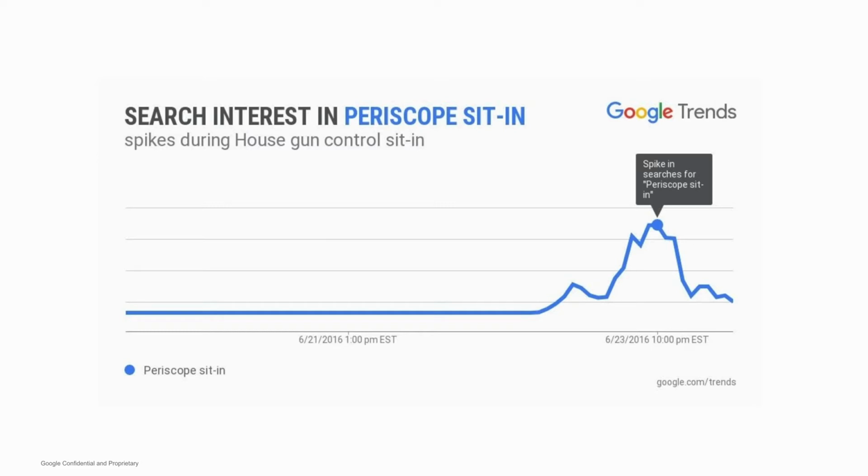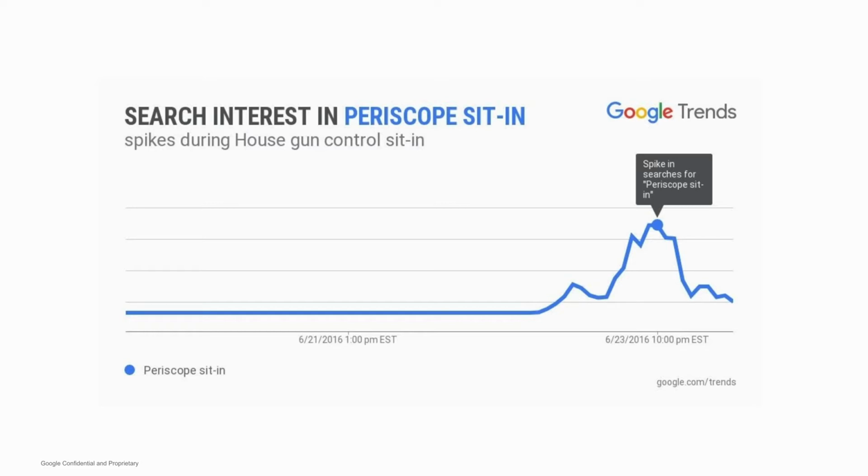There was a sit-in outside of the House of Representatives on June 23rd, 2016. This is about 5 years ago. And it was a sit-in about gun control. And people were live streaming it over Periscope. This is a little app that Twitter now owns, that allows you to do live streaming.